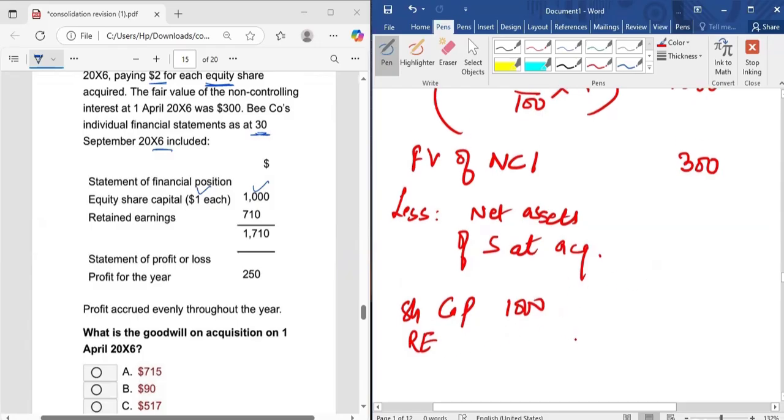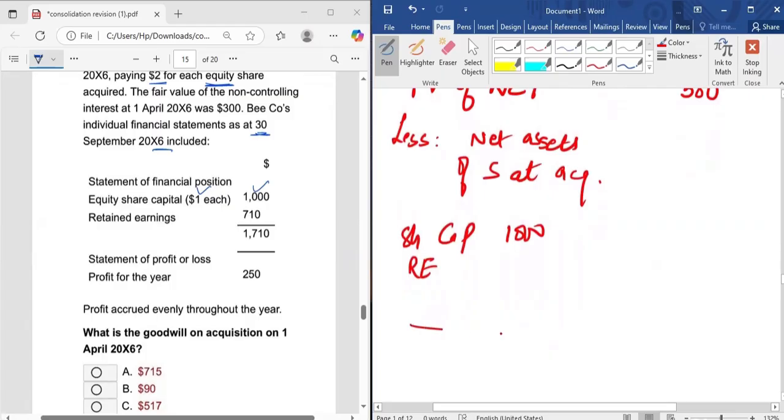So see, let us make a timeline. Our year end is 30 September 20x6.